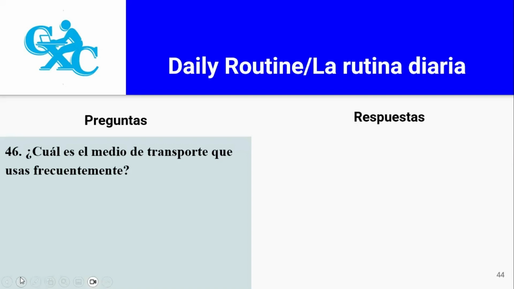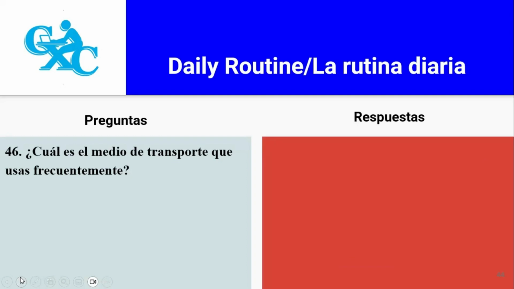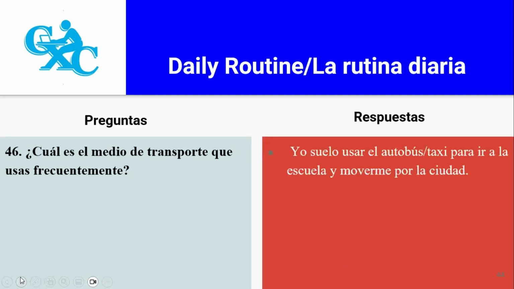I'll ask this question. Okay, and you can do the response. Gracias. ¿Cuál es el medio de transporte que usas frecuentemente? Yo suelo usar el autobús, el taxi para ir a la escuela y moverme por la ciudad. Excelente. So we use suelo when we want to say usually.